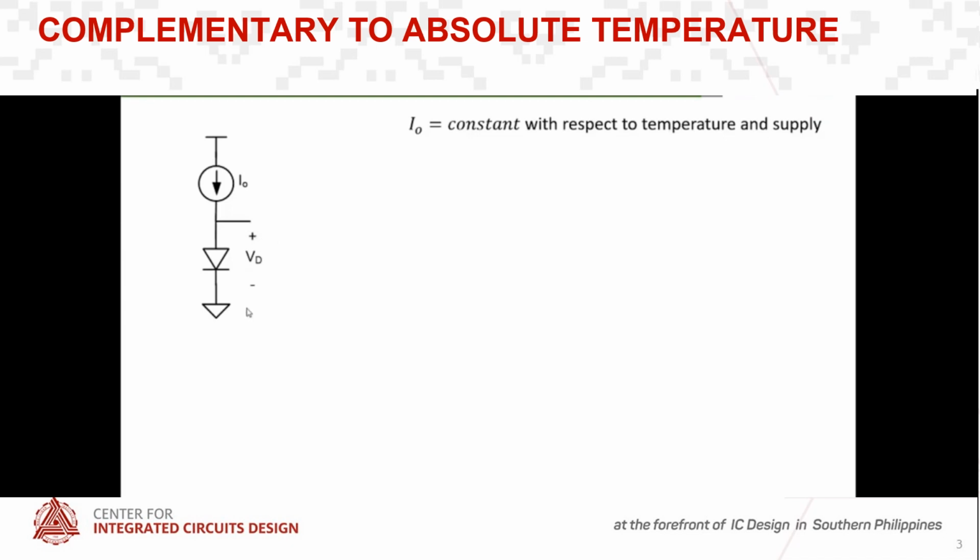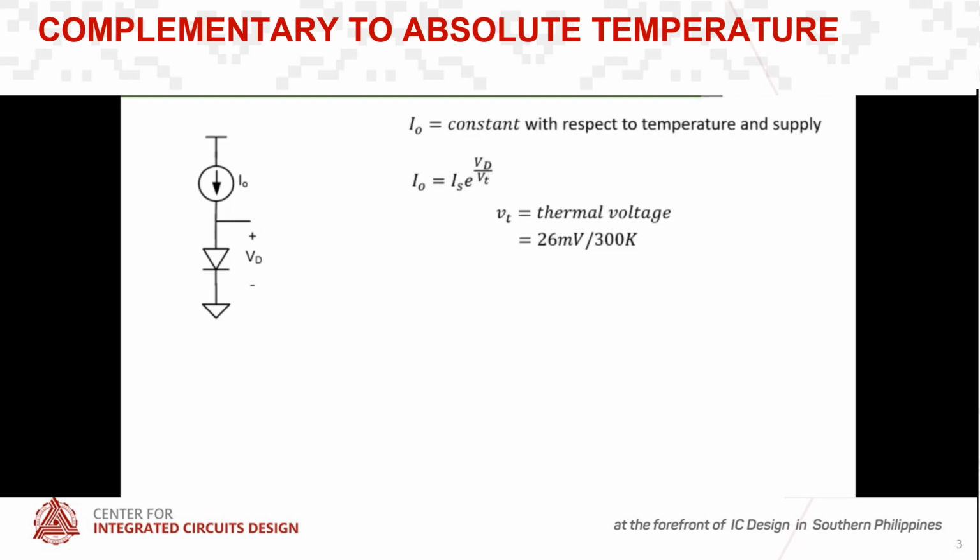Across the diode is the voltage VD, which is the voltage of the diode. And we all know that the current flowing through the diode follows this formula: IO is equal to IS e raised to VD over VT, where VT is the thermal voltage, which is equal to 26 millivolts at 300 Kelvin.